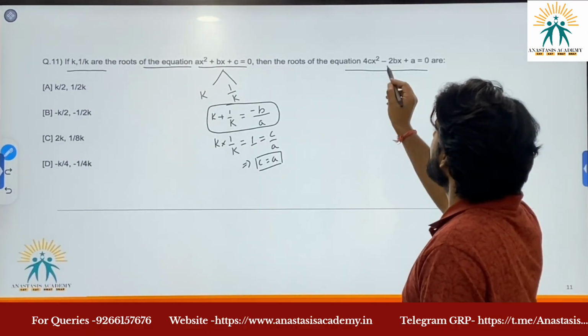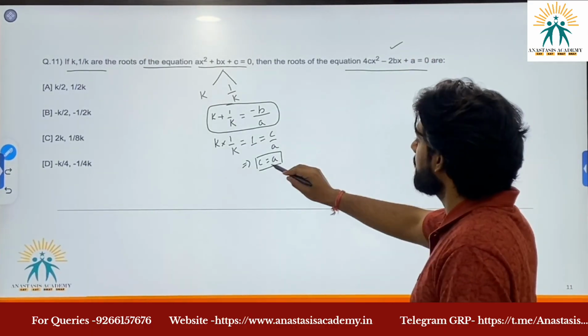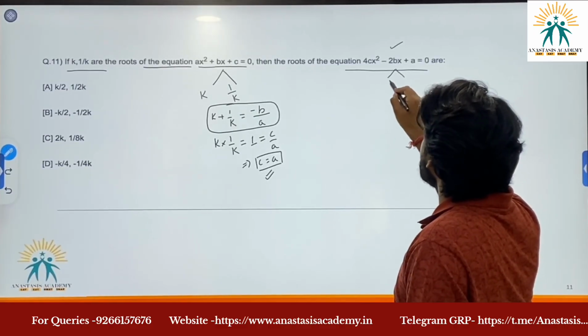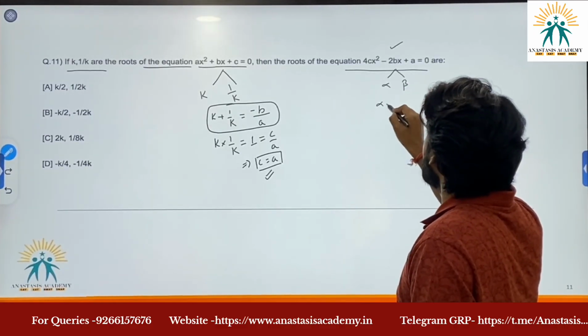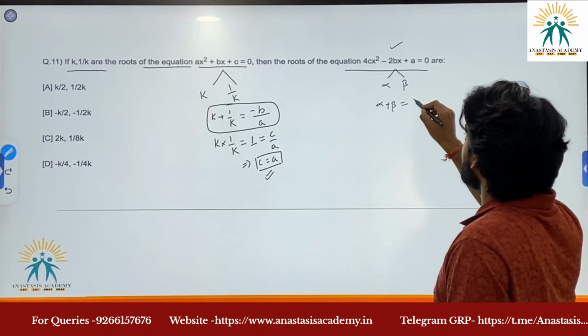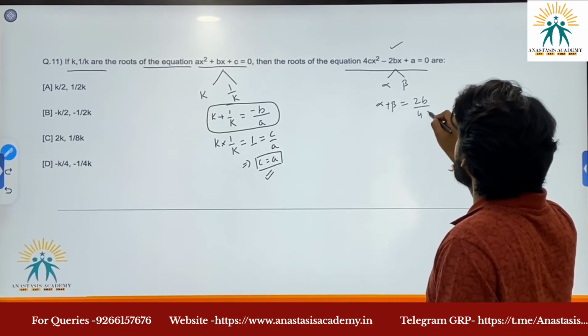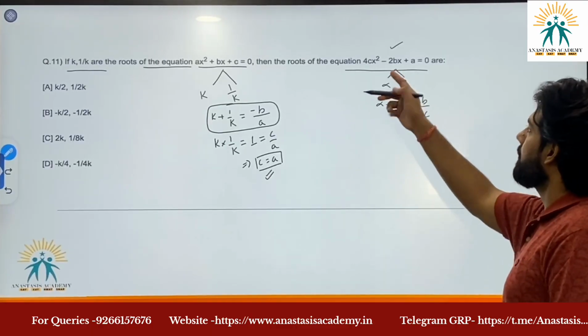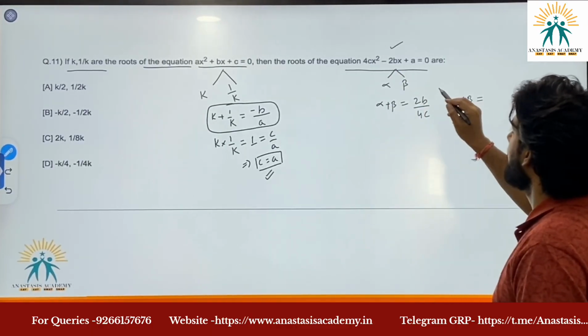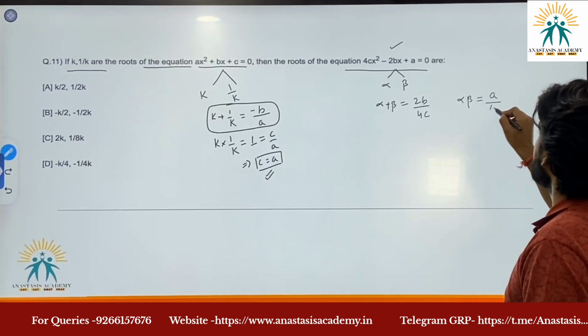Now I have to find the roots of this equation. From here I know c is equal to a. Now let's just assume the roots to be alpha and beta. I know sum of roots of this equation will be −(−2b)/4c, that is 2b upon 4c, and product of the roots alpha into beta will be a upon 4c.